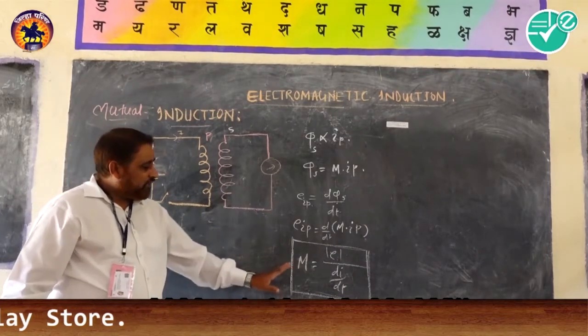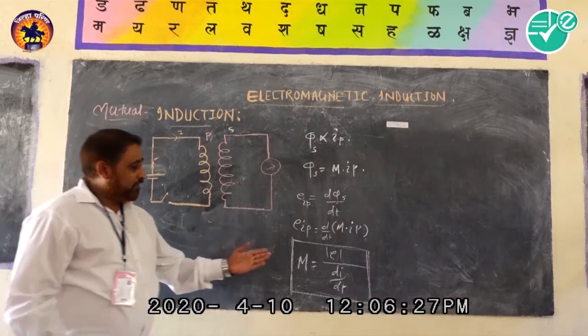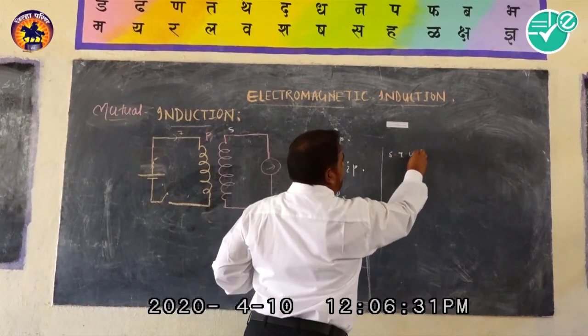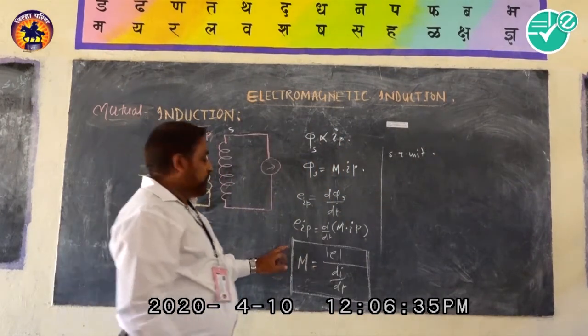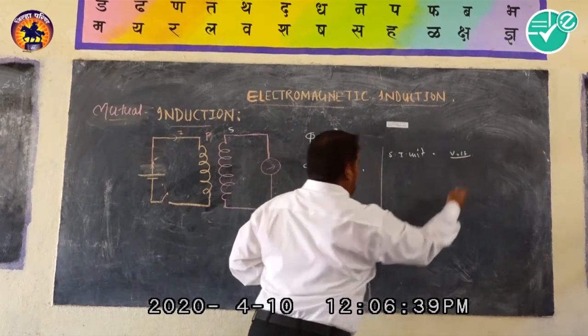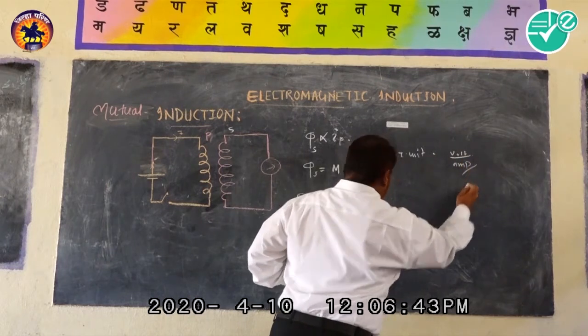With the help of this, we can find the value of mutual induction. So again, if you want to find the SI unit of mutual induction, see here, it is volt divided by ampere per second.